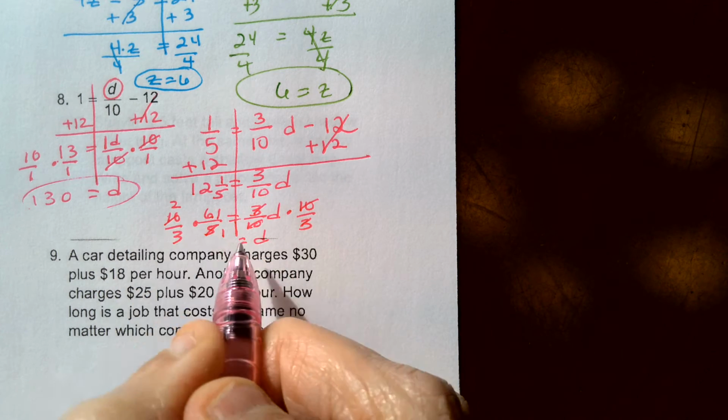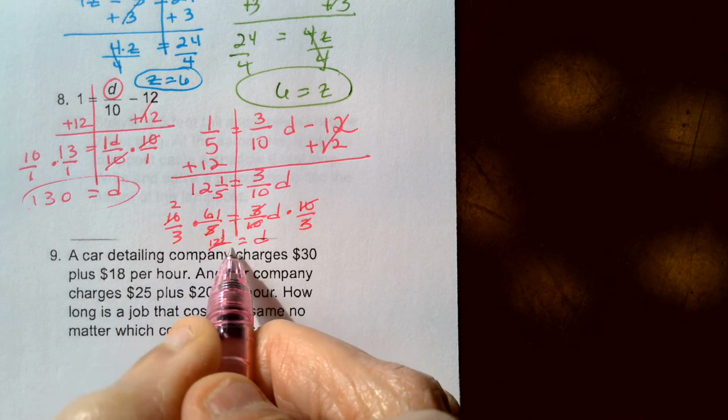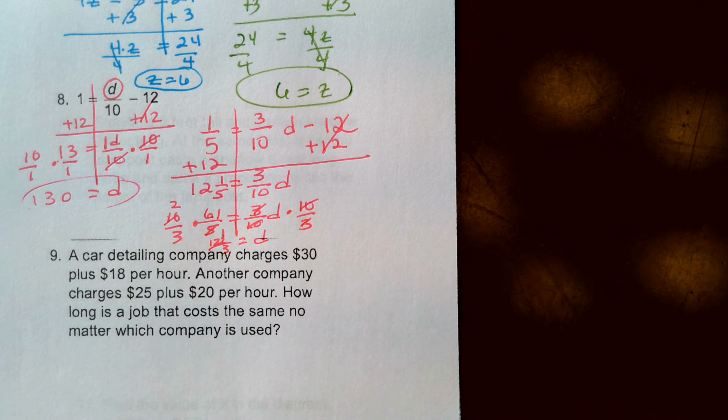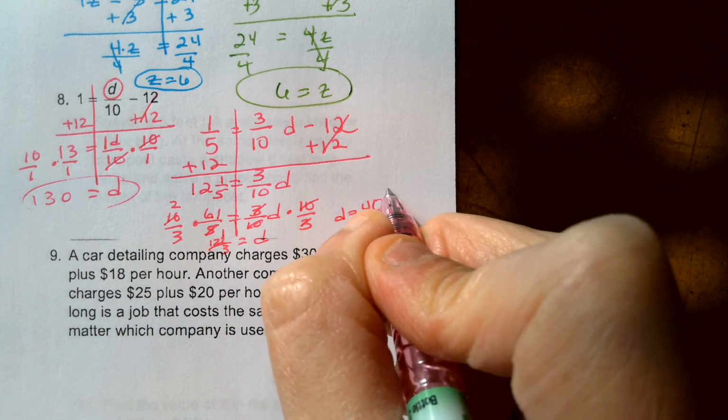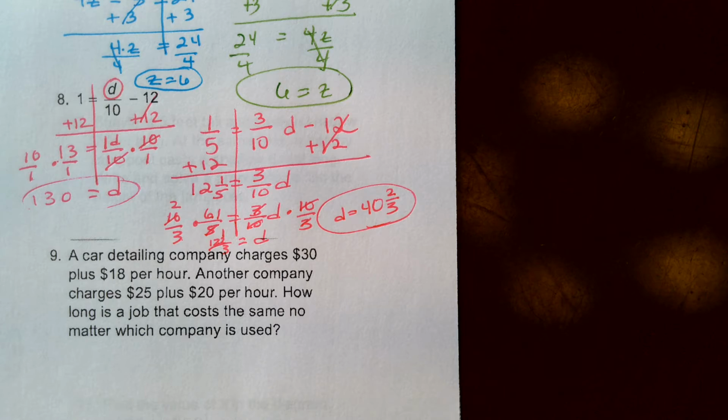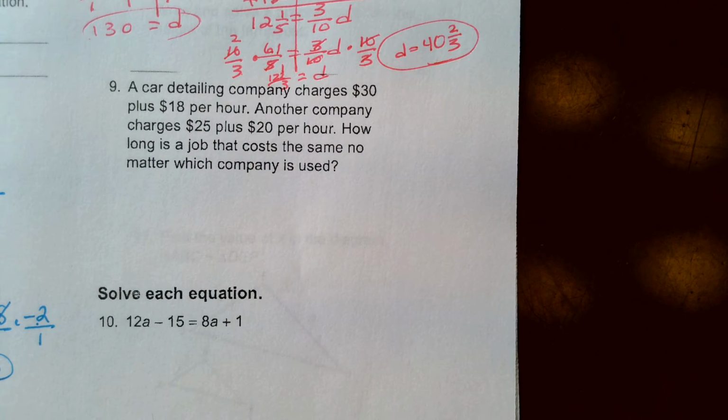So I get 122 over 3, which is what? What is 122 over 3? 40 2/3. So you could have left it improper too. It's fine.